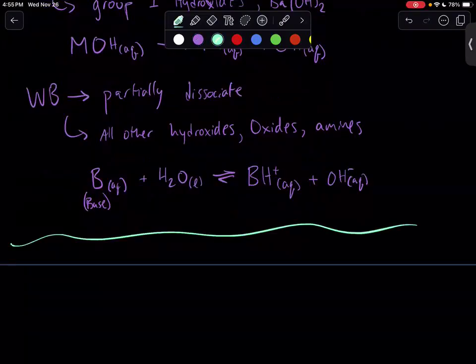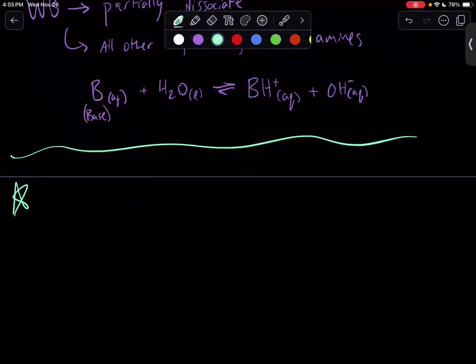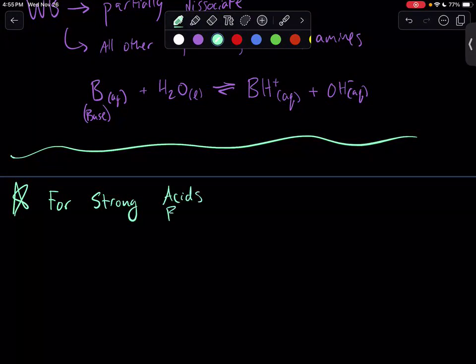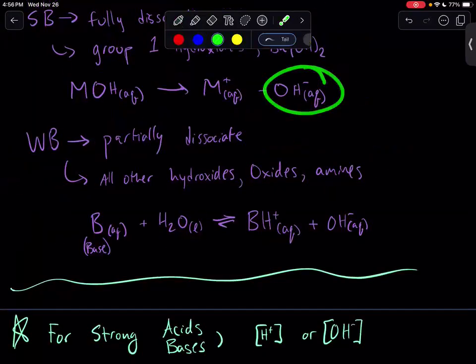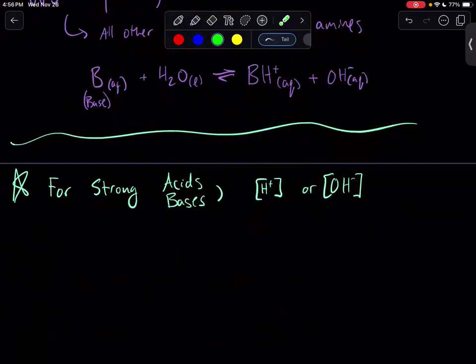One of the big clarifying points that we want to make very clear here, and I'll put a star next to it because it's very important, is that for strong acids and bases, the H+ concentration of the acid or OH- concentration of the base, you'll notice our bases produce hydroxide in solution by reacting with water to remove a hydrogen or just by dissociating or ionizing into the hydroxide ion.